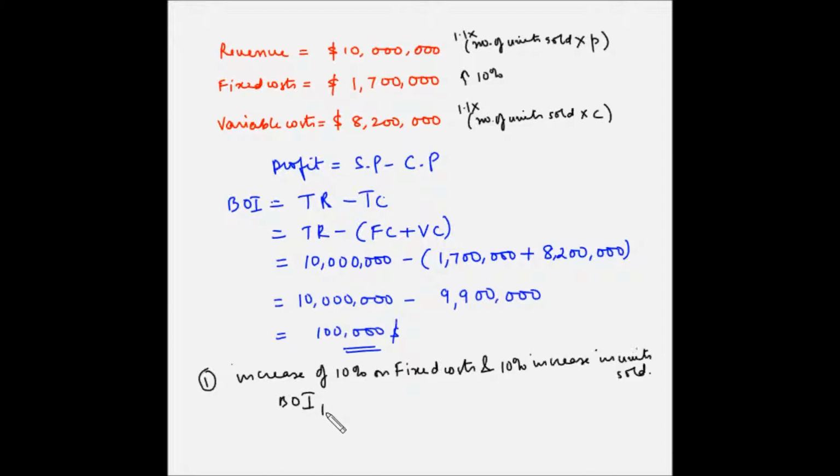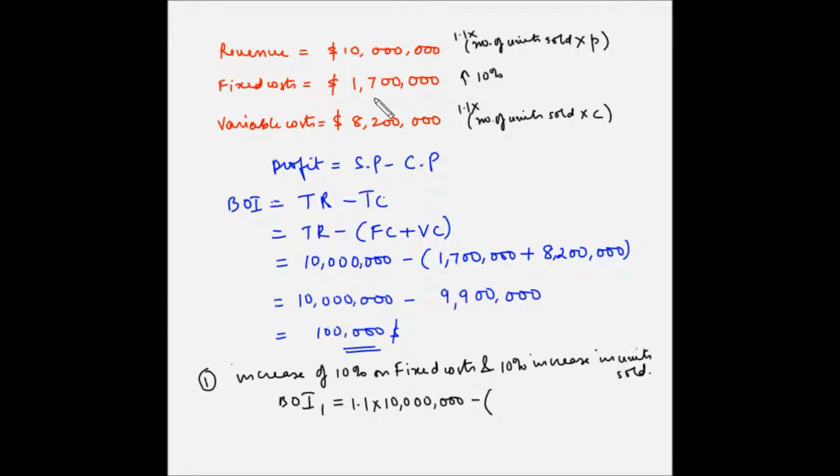So BOI1 will be equal to, now the formula remains the same, total revenue minus the total cost. So the total revenue now in the new case is 1.1 times the revenue, so 1.1 multiplied by 10 million, minus the fixed cost, which has increased by 10%.